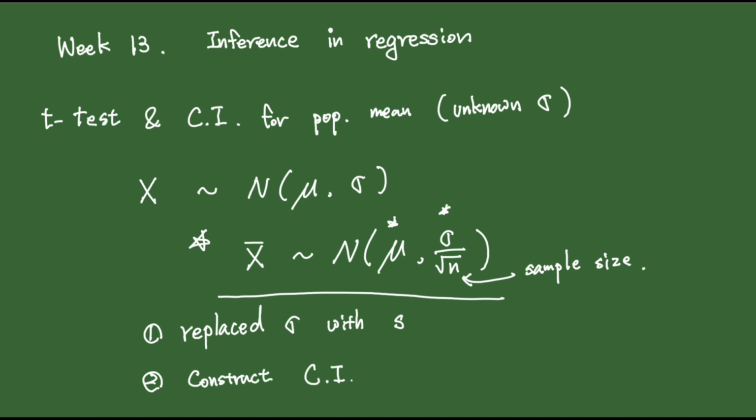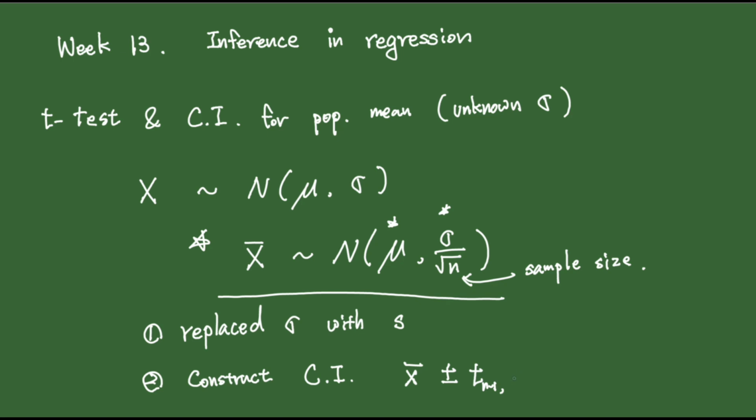Second, we construct the CI with the X bar. So X bar plus or minus a t critical value with n minus 1 degrees of freedom.